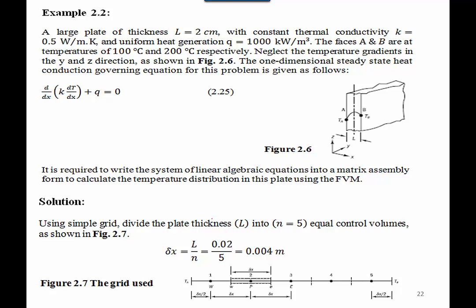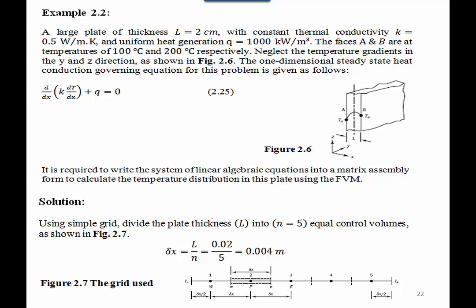The governing equation is given in equation 2.25. It is required to write the linear algebraic equations and put them in a matrix assembly form, then calculate the temperature distribution in this slab using the finite volume method. As before, we start the solution by dividing the given domain into a number of control volumes.